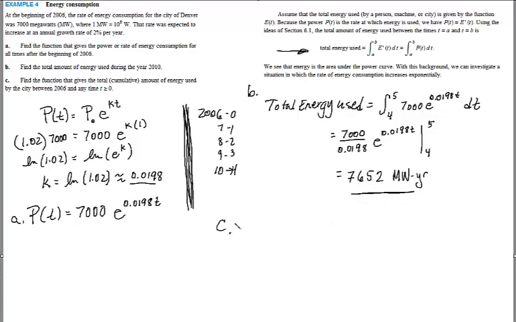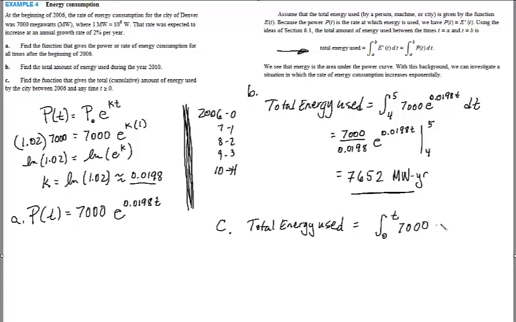And C, they want me to give the total amount of energy used between 2006, which would be 0, to any time t, of our function.